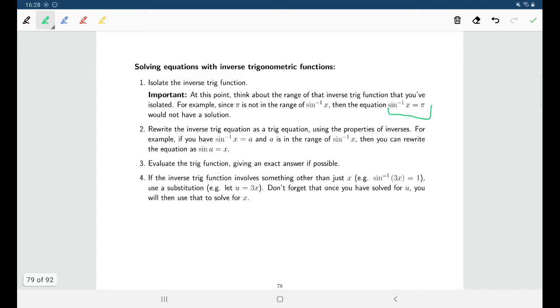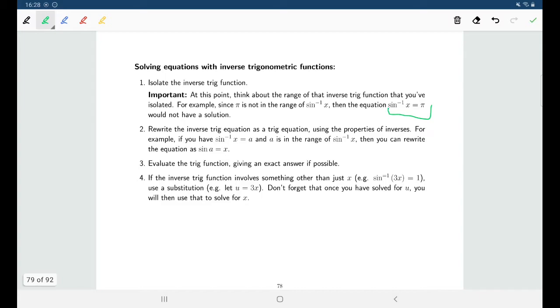Now, if on the other hand it was somewhere in that output range for sine inverse, so let's say sine inverse of x is equal to pi over 7, well, what would you do in that case? Just as we did using the inverse to rewrite an equation, so for an exponential equation, we used its inverse, the logarithm, to rewrite it, or for logarithmic equations, we used its inverse, the exponential function, to rewrite it.